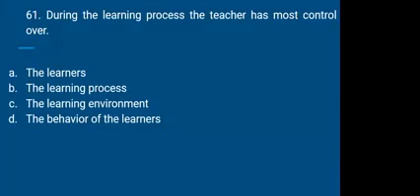Letter C, the learning environment. Letter D, the behavior of the learners. If you can still remember, maybe you will get the correct answer. During the learning process, the teacher has most control over the learners, the learning process, the learning environment, or the behavior of the learners.